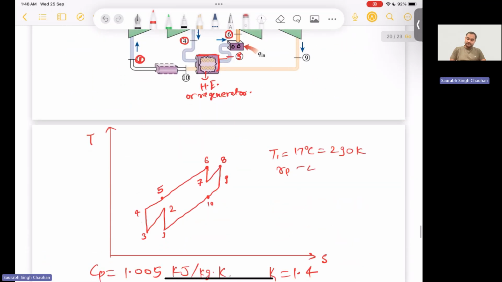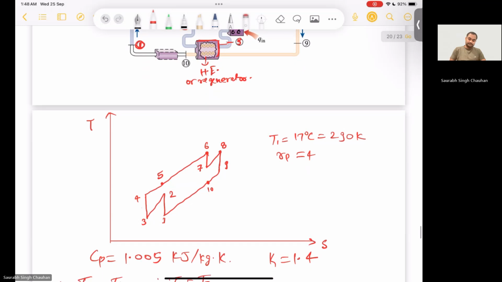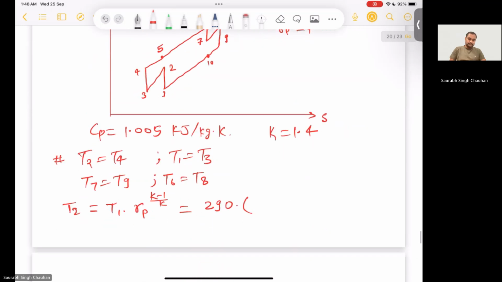Rp is equal to 4. So we can write 4 to the power (1.4 minus 1) divided by 1.4. I have already calculated the final values, so I will copy them.